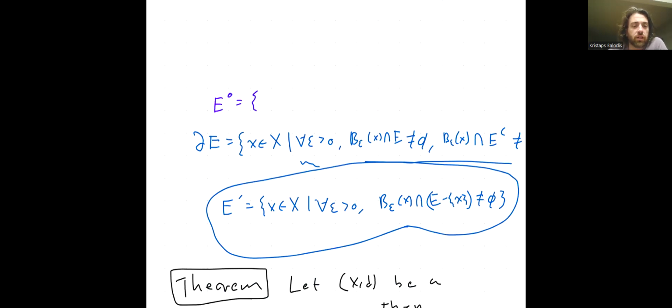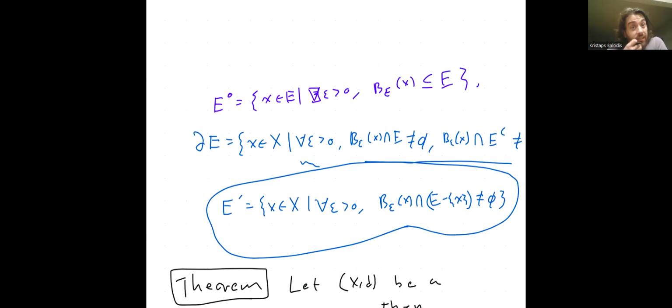The interior of E is all the x in E such that there exists an epsilon greater than 0 so that the epsilon ball around x is contained in E.